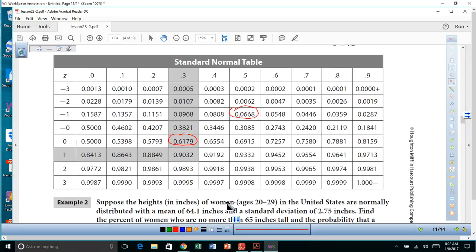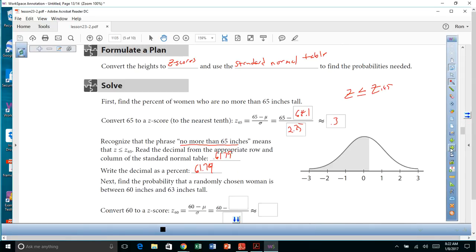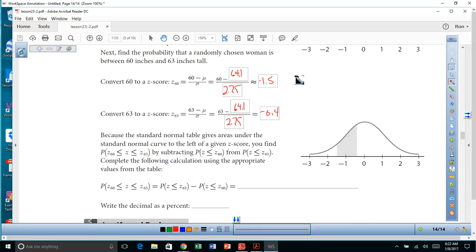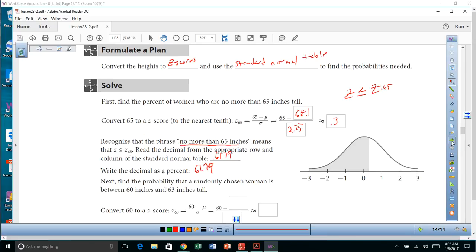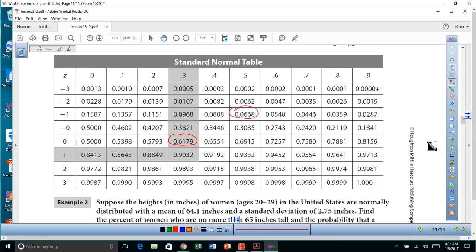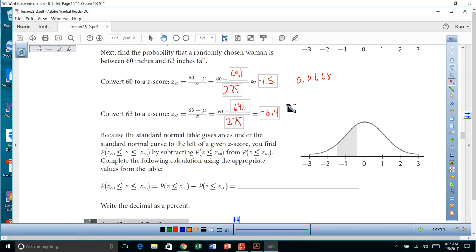All right, that's 0.0668. Then negative 0.4 is going to be 0.3446.